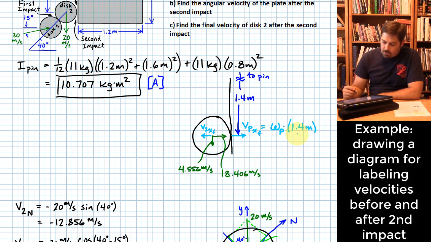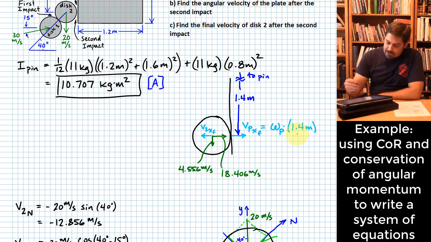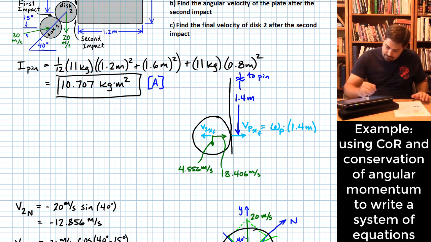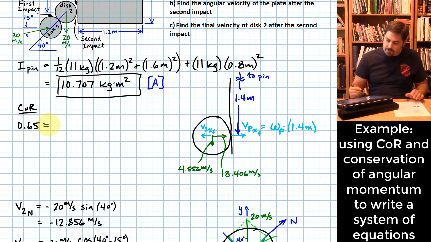Okay, what we're ready to do here is again a system of equations like we did before, where we use our coefficient of restitution along with a momentum conservation equation. So first of all, coefficient of restitution, 0.65 is again the coefficient of restitution.